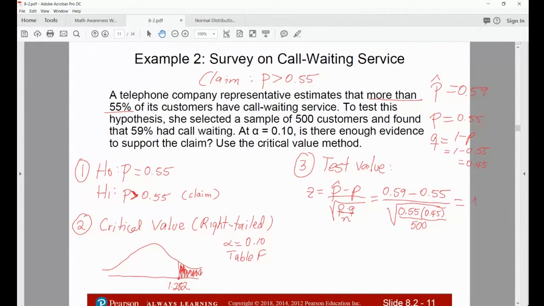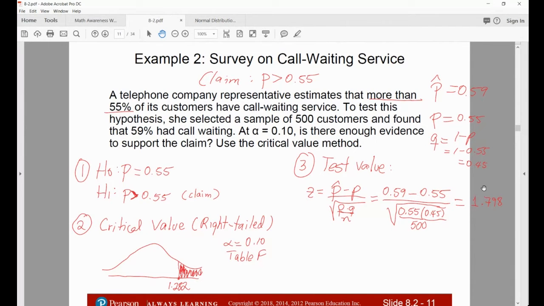So you should get 1.798. Usually we're going to round the test value to 2 or 3 decimals, because we're going to compare it with the critical value.